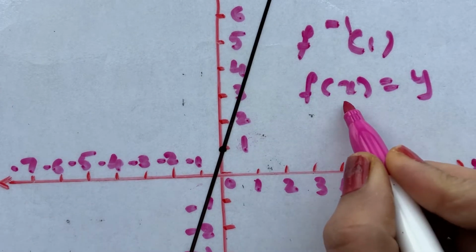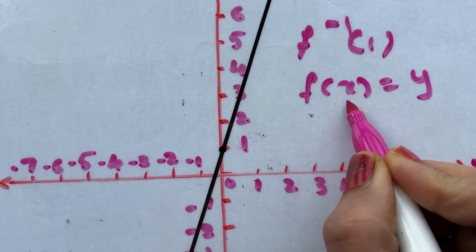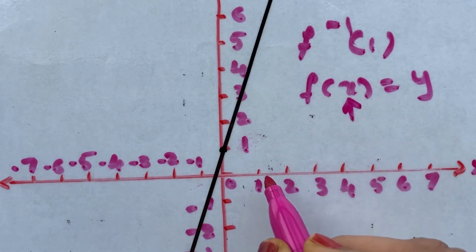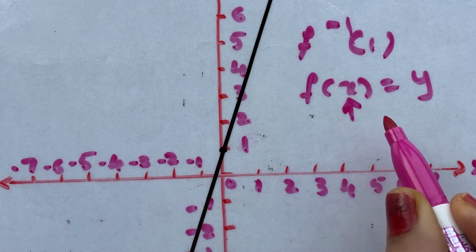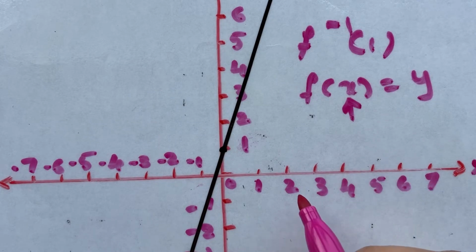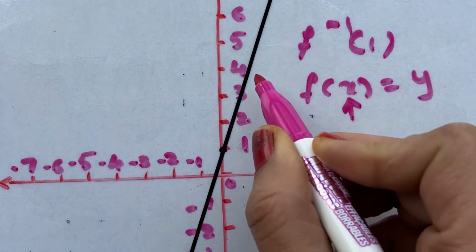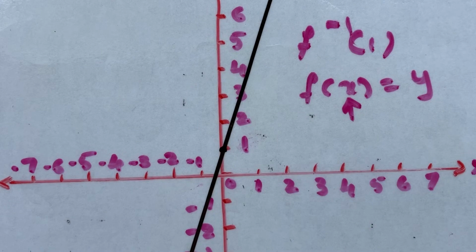For each input, that is for each value of x, it produces exactly one value of y. That is called a function. For a function, you see the value of x first, then you will find the value of y, that is the output.